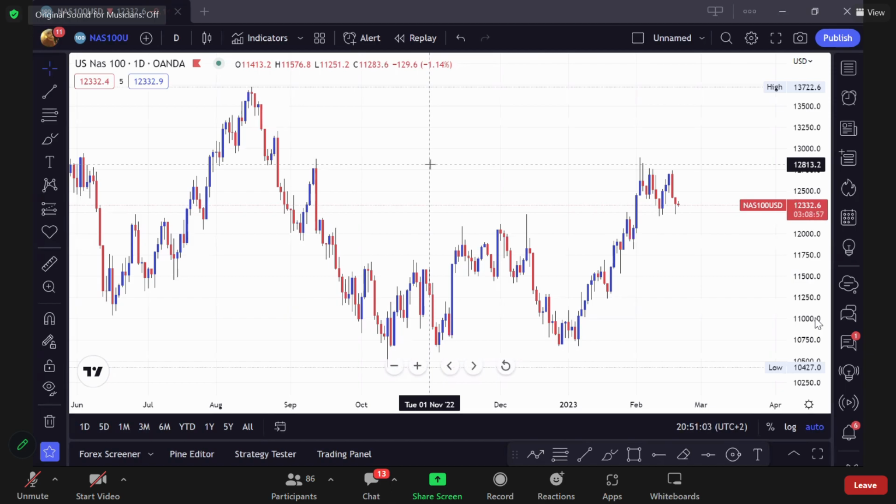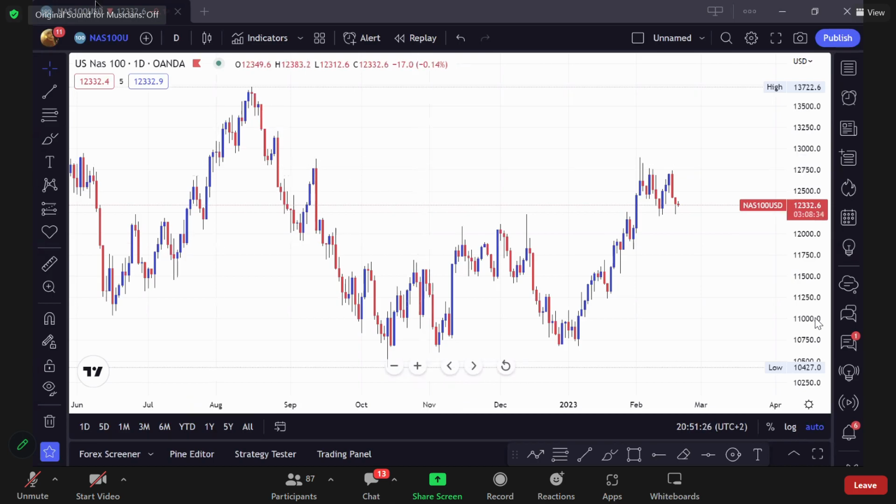One of the clues that helps us anticipate the change of character is a change of behavior within the trading range. So when I say that, what do I mean?